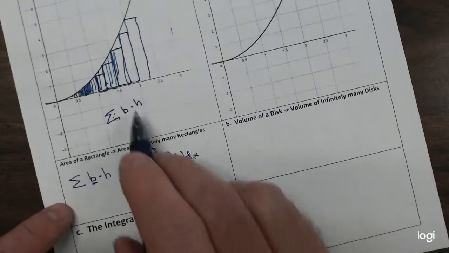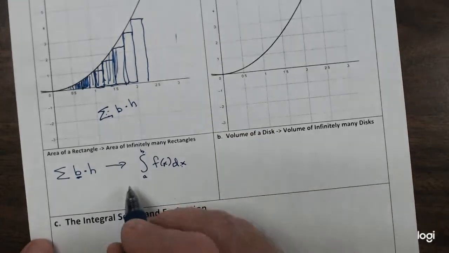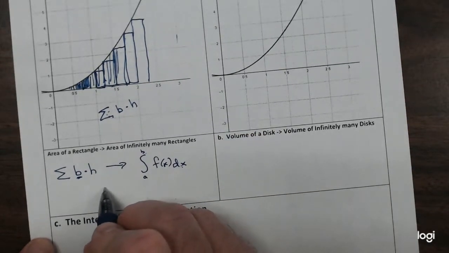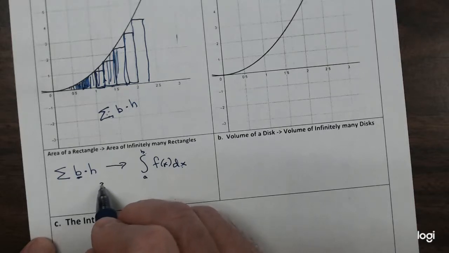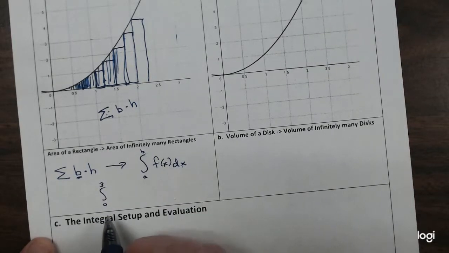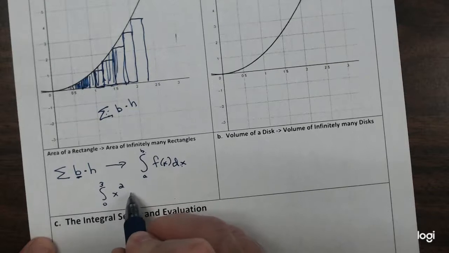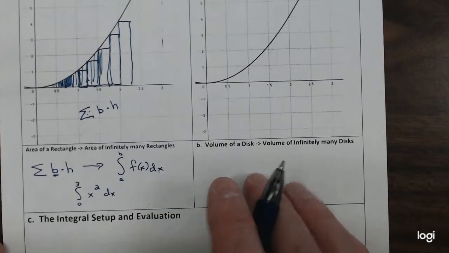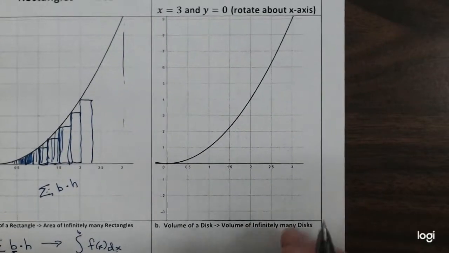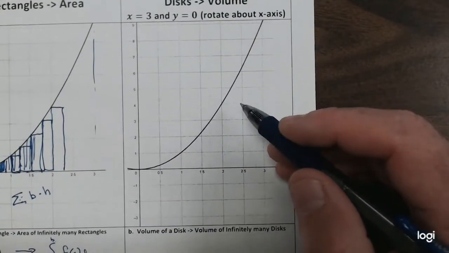So for this example, to find the exact area under the curve, we're going to add up infinitely many rectangles over the interval 0 to 3 of x squared dx. That's the height, that's the base. So base times height, base times height, base times height. Add them all up from 0 to 3. Okay, so that's a quick review because the disk method is just an elaboration on that.